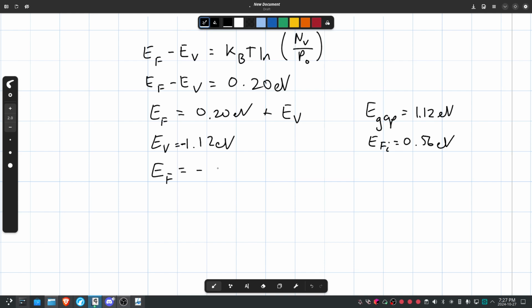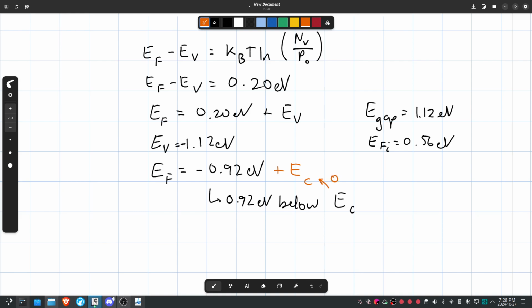That is negative 0.92 eV. This also means this is 0.92 eV below the conduction band, right? Because our conduction band is 0. And so a negative value means you're below it, a positive value means you're above it. We could effectively add an invisible E_C here because this is 0.